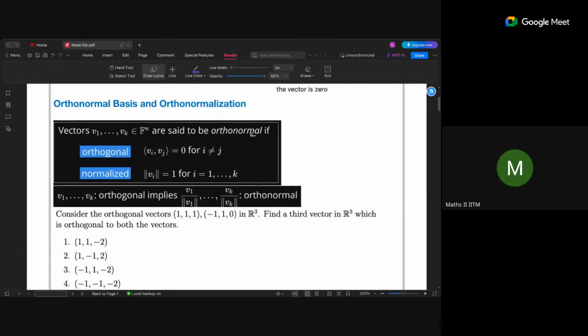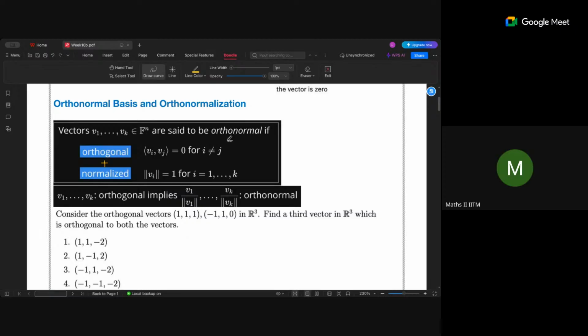Orthonormal means two things: orthogonal plus normal. First of all, it should be orthogonal. Take any two vectors, i not equal to j. In that case, inner product of vi comma vj equals 0, and the norm of each vector is 1. Such vectors are said to be orthonormal vectors.